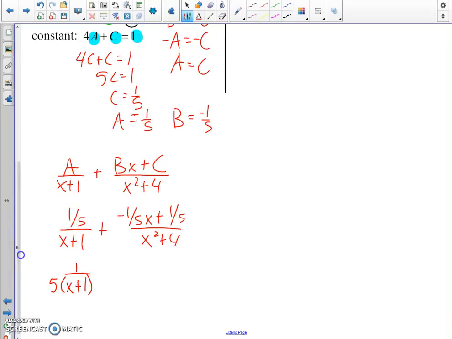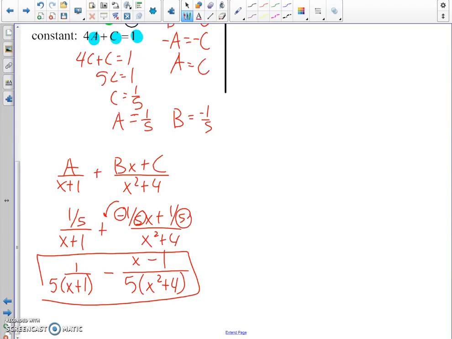I think this on the left is pretty easy to understand. Now you have to be a little careful here on the right because I'm going to take this negative, change this to a subtraction, and put the 5 in the denominator because both of these are 5. Now I have just an x, but be careful, I have to have a negative 1 there because then this would distribute to get that positive that I had earlier. There's my final answer.